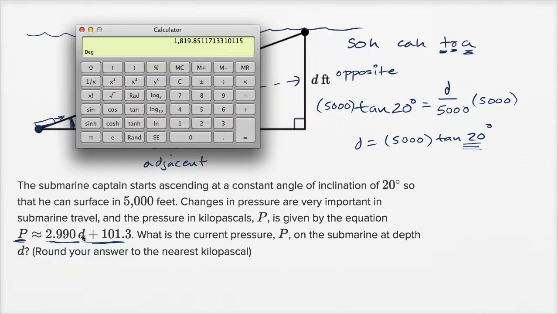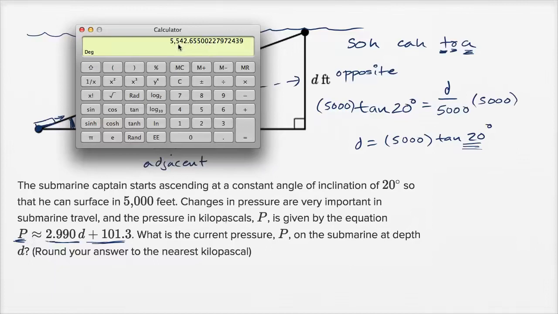So let's see. If I take our d and multiply it by 2.990, so let's multiply it by 2.99. Well, I could throw a 0 there, but it's not going to change the value. It is equal to that. And then add 101.3. So plus 101.3 is equal to 5,542.65500. And let's see, I want to round to the nearest kilopascal. This P here is given in kilopascals.